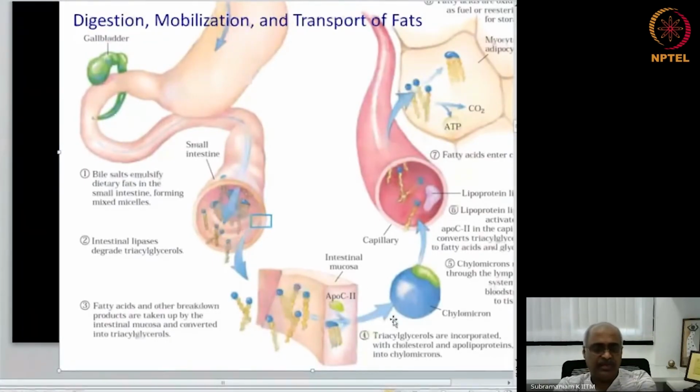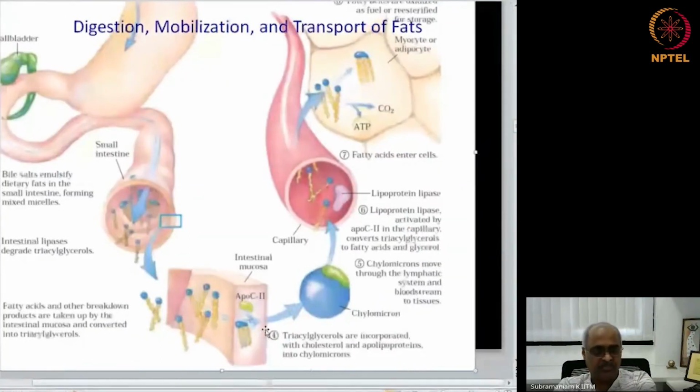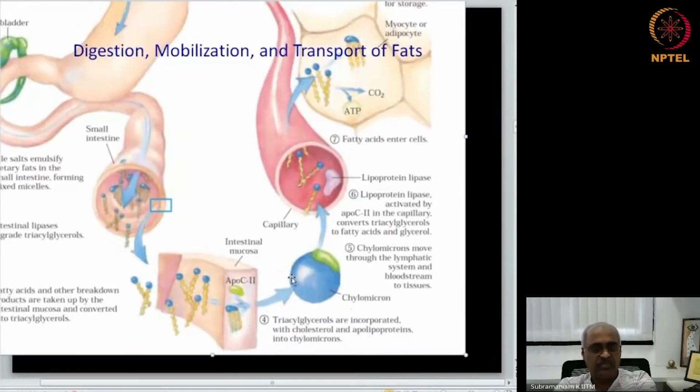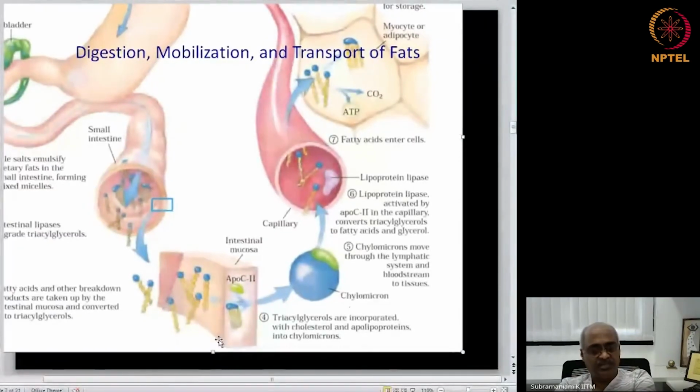So the lipoproteins are actually proteins that associate with the lipids. And such an association is required because this hydrophobic fat cannot be freely carried to other organs via aqueous blood. So association of these lipoproteins makes it possible for them to be transported in the bloodstream.